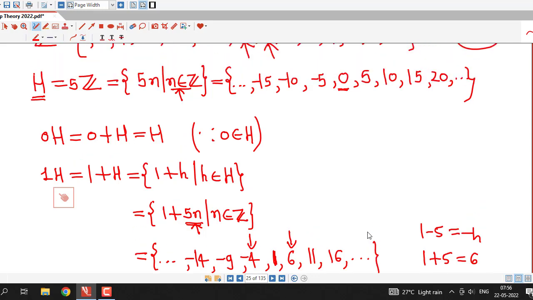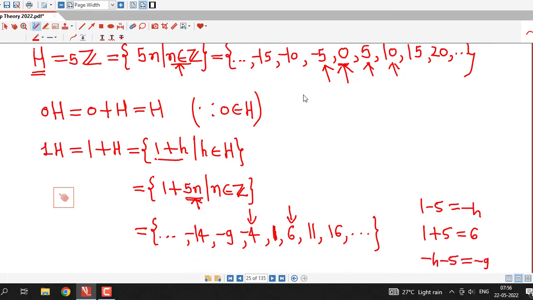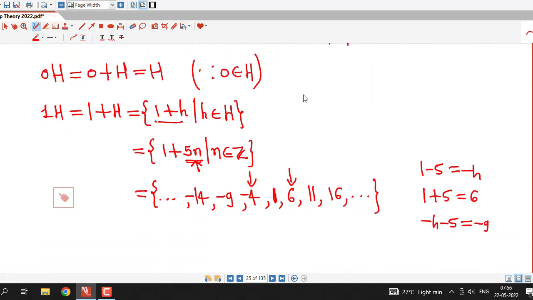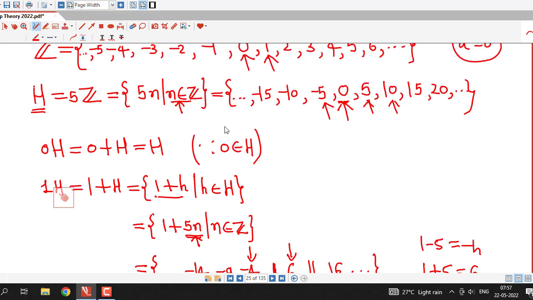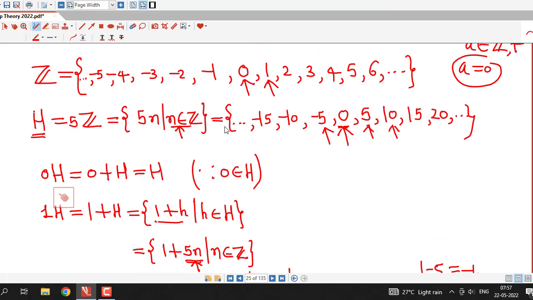Or we can directly write these elements by adding 1 to each of these elements, that is 0 plus 1, 1, 5 plus 1, 6, 10 plus 1, 11, 15 plus 1, 16, and here also minus 5 plus 1, minus 4, and so on. So these are different ways of writing the same set, 1 plus h, where h belongs to H. Okay, fine.